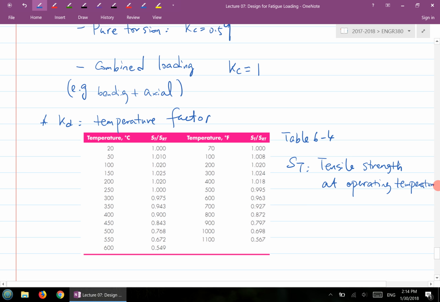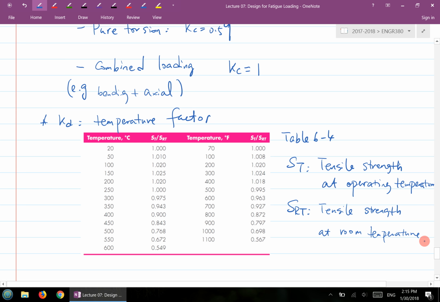Okay, so this one here refer to tensile strength at operating temperature, and this one here SRT, this is the same concept. It's also tensile strength, but this is at the room temperature. Okay, yeah. So room temperature basically is like 70 Fahrenheit or 20 degree Celsius.